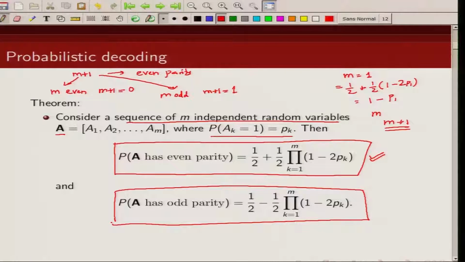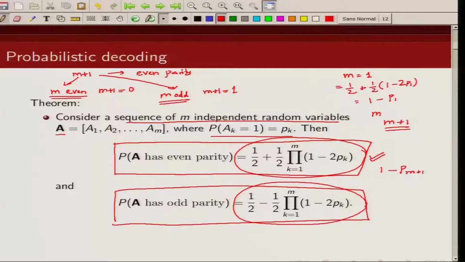So, what is the probability of m being even? That is given by this. What is the probability that the (m plus 1)th is 0? That is given by 1 minus p(m plus 1). What is the probability that m of them is odd? That is given by this probability.